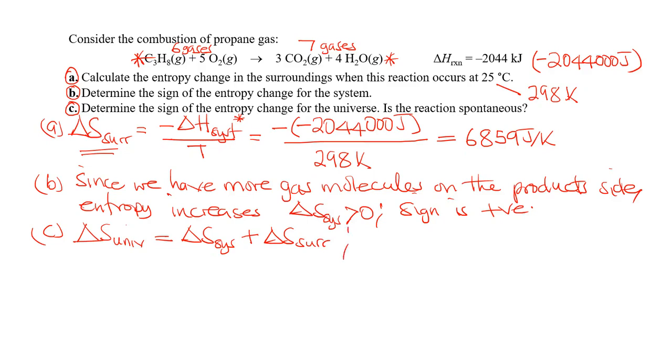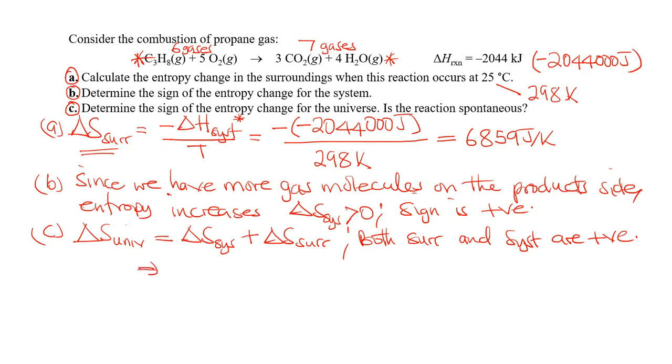But we know that both delta S surrounding and delta S system are positive. Right. So if you add positives, it gives you a positive.